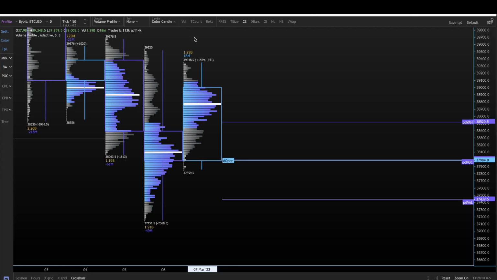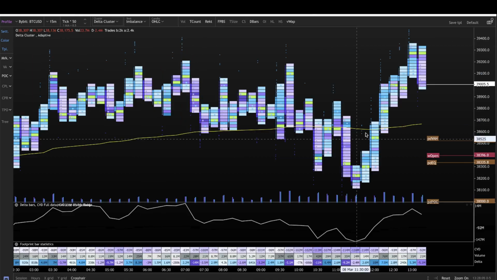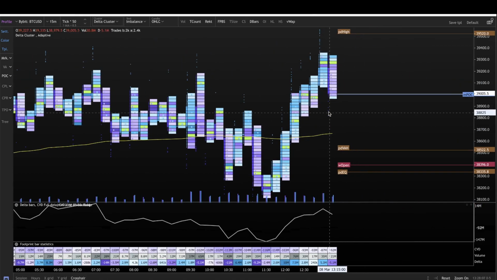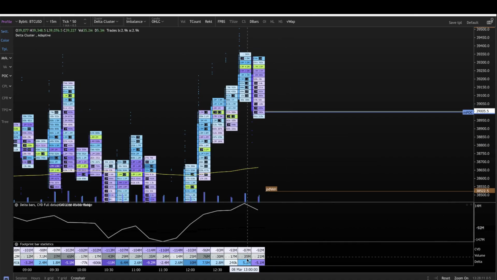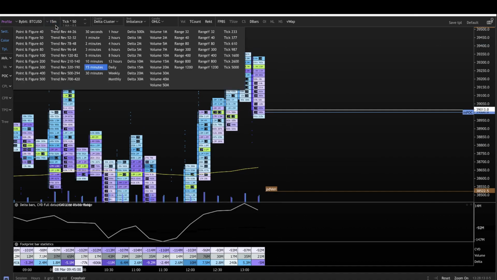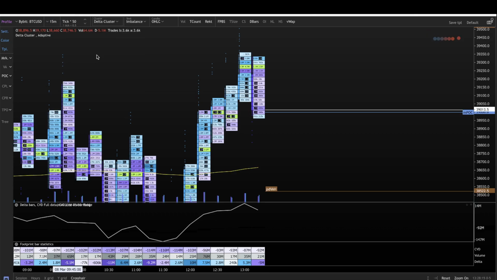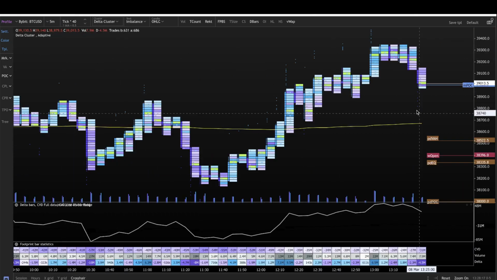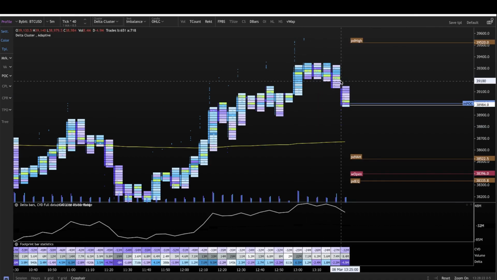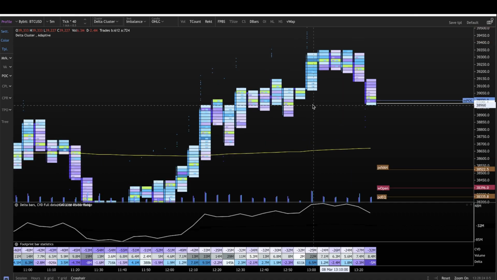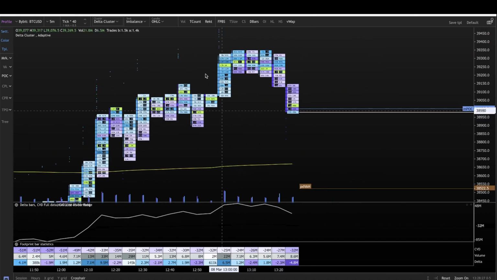If we come over to the order flow chart, what we want to see as we're coming up to that area is a lot of volume coming in, like what we see right here. And even if we go down to a lower time frame, basically what we have right here are lots and lots of longs opening up and then getting trapped up here, and then a move to the downside as we come to that resistance.